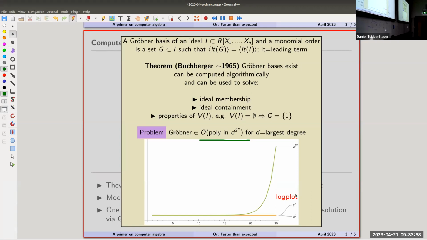And in this log plot, the function that grows like the Gröbner algorithm just outruns my other examples by a lot. Here you have 2 to the n, and because this function grows so fast, it looks like a line. That's how fast this function actually grows.